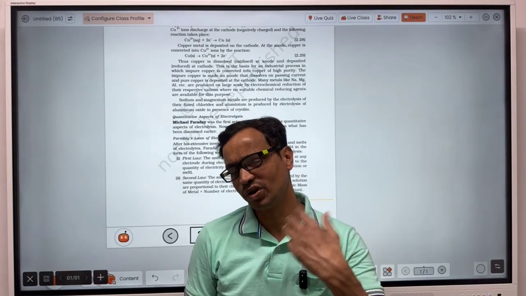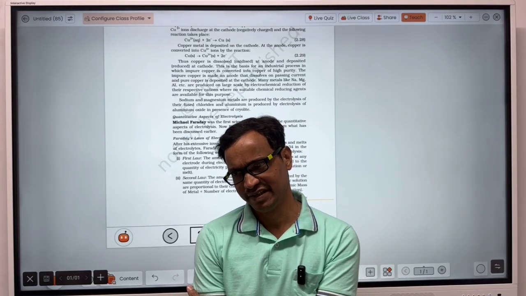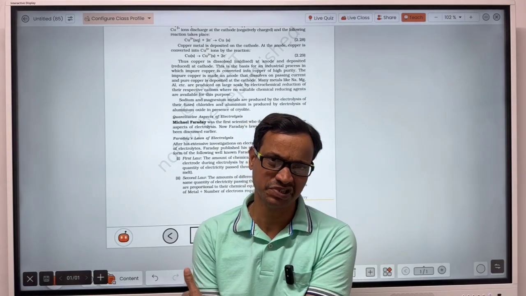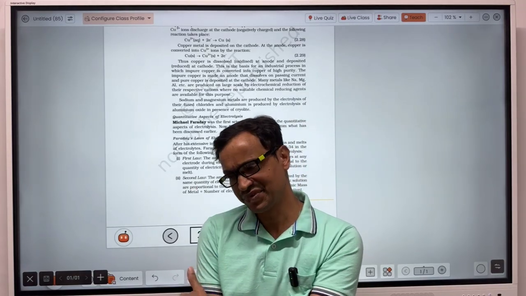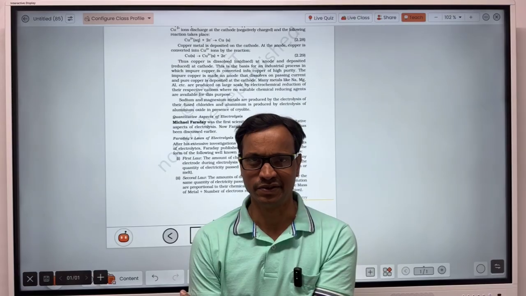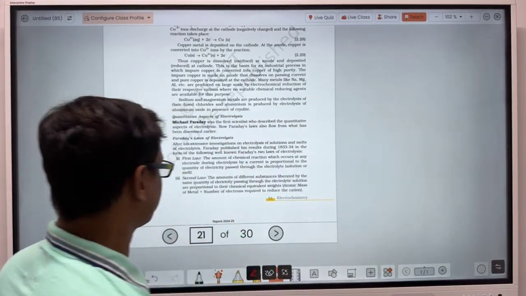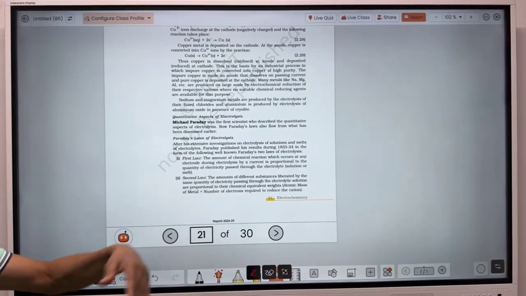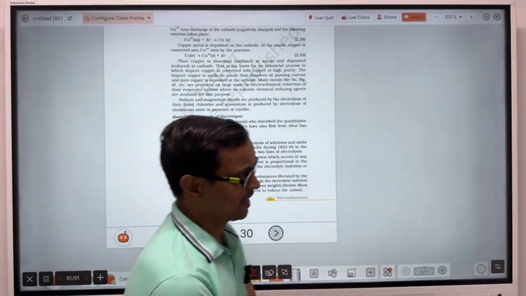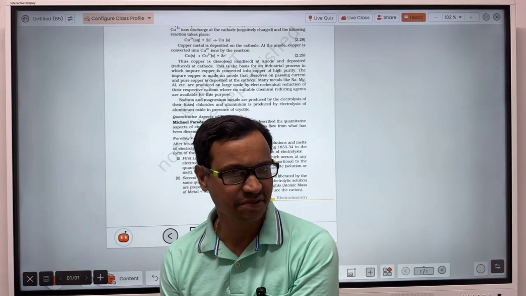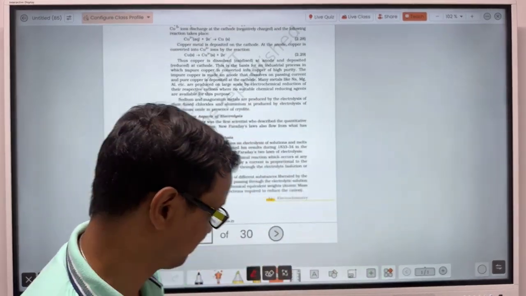If we pass more amount of charge, then more amount of cation will deposit or come out from the electrode. That means Faraday's law states that the amount of chemical reaction is directly proportional to the amount of charge passed through the solution.